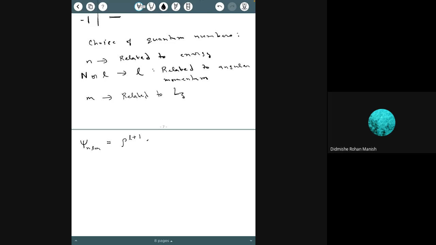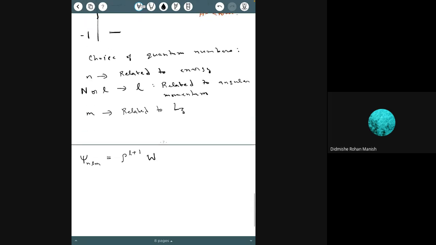And then there was a W. And we found that the W depends on the eigenvalue of the equation, of course. And since we are solving it for a given value of L, it also depends on L. Okay. And then we have the e to the power minus rho.